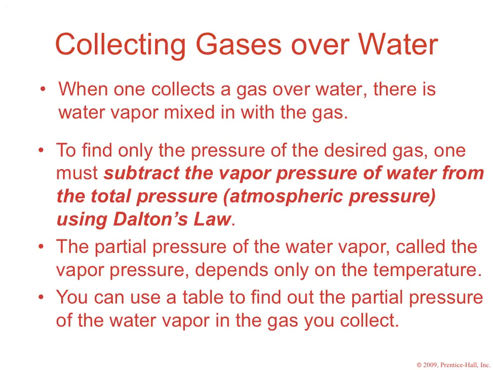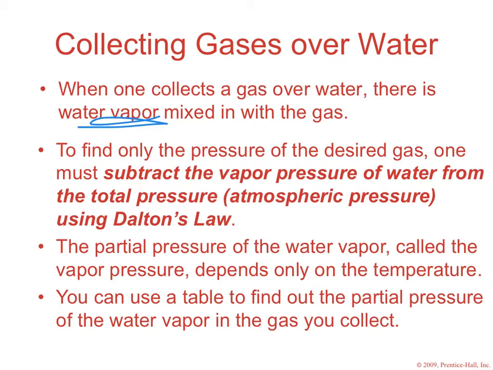The one complicating issue is if you do collect a gas you've made over water, it turns out that that gas is contaminated with water vapor. So we need to know how much of the gas mixture we have is water vapor and how much is the gas we've tried to collect.